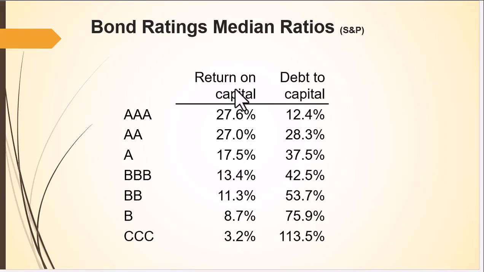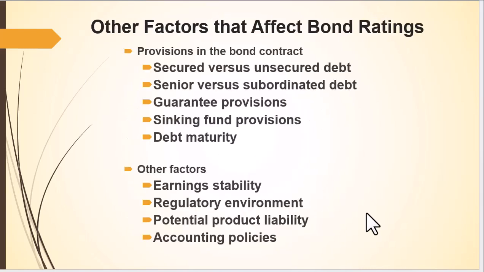The return on capital ratio is much higher for AAA, much lower for CCC, and of course vice versa. So again, we can find in these ratios that they are reflective of decisions and the outcomes of the company that ultimately could provide some insight into the companies defaulting on their debt.